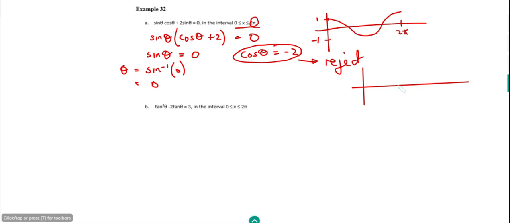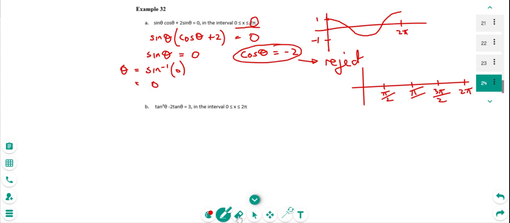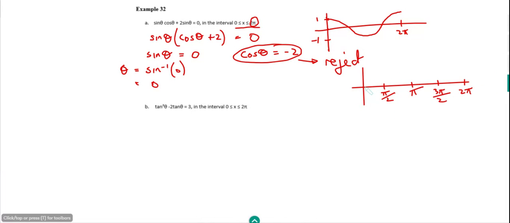And so sine, if we label it in terms of radians, then we've got pi by 2, pi, and 3 pi by 2, and then 2 pi there. So the graph itself would look like this, going between plus and minus 1 as usual. So we can plot these points, makes it a bit easier to draw.